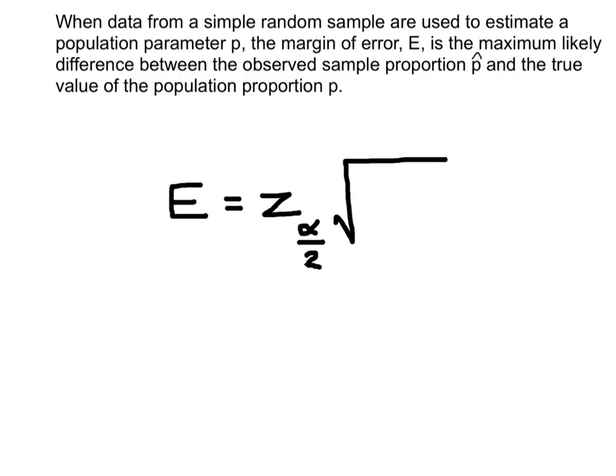So we're going to use the formula for standard deviation, and that is the square root of p hat times q hat over n, where p hat and q hat are our sample's probability of success and probability of failure. That's q hat.